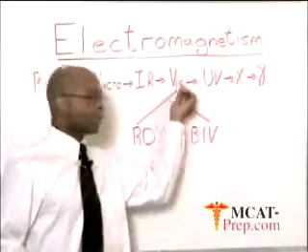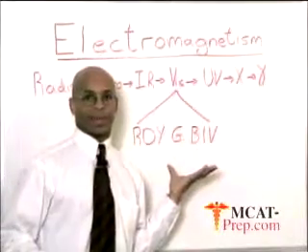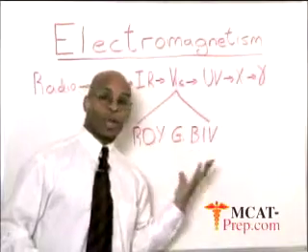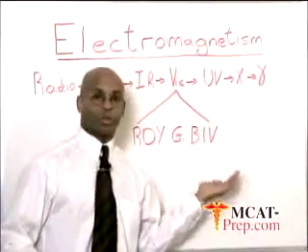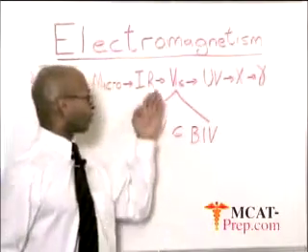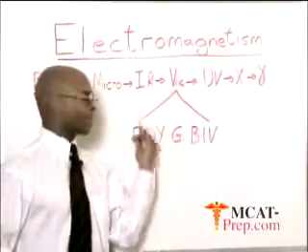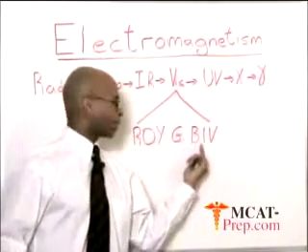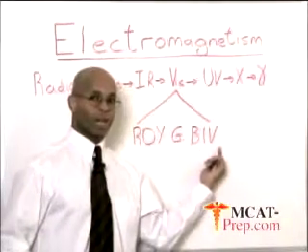So in the visible part of the electromagnetic spectrum, we have the mnemonic ROY G. BIV to remember the colors. There's red, and below red is infrared. So there's red, orange, yellow, green, blue, indigo, and violet.